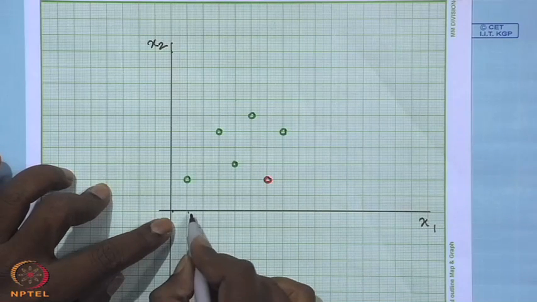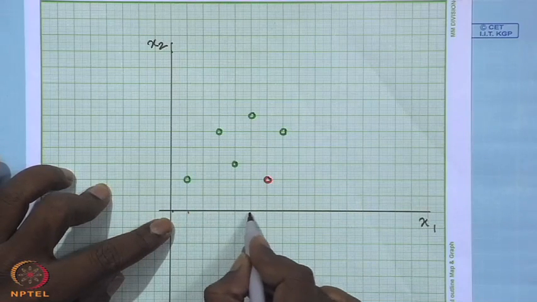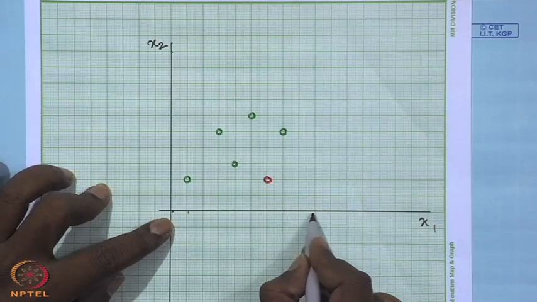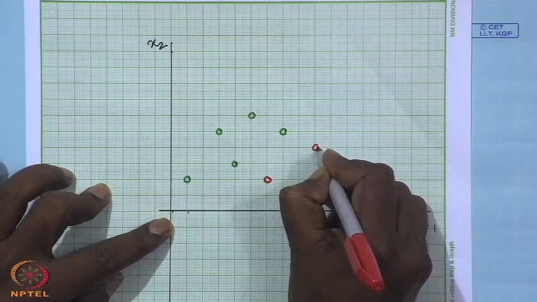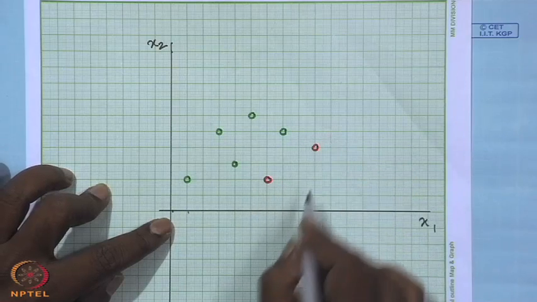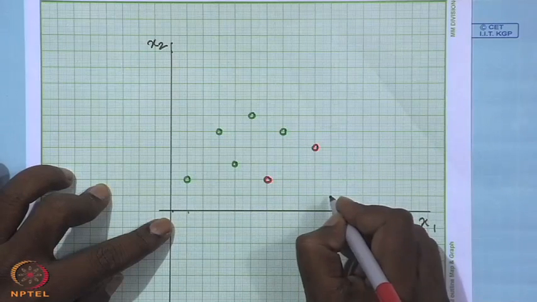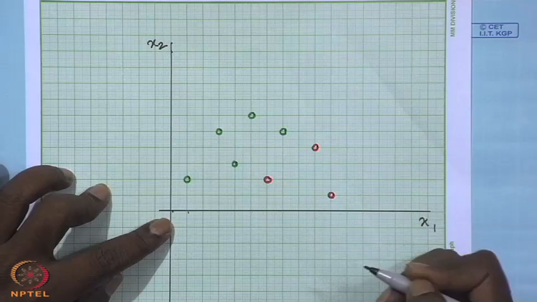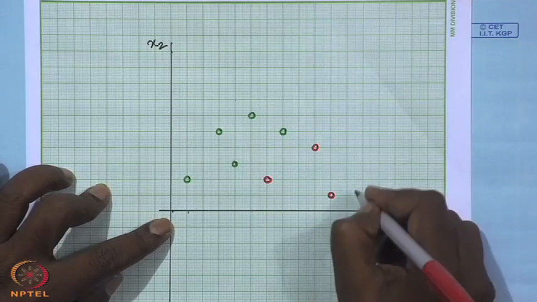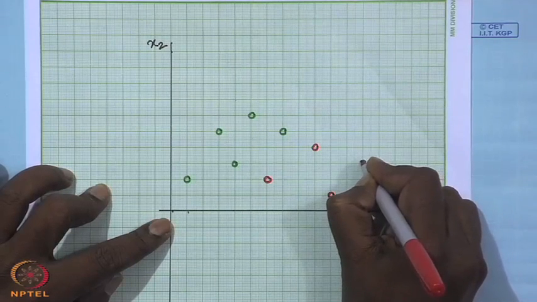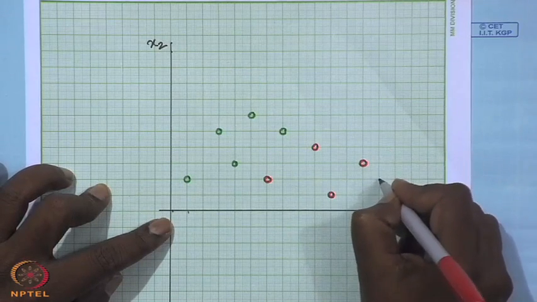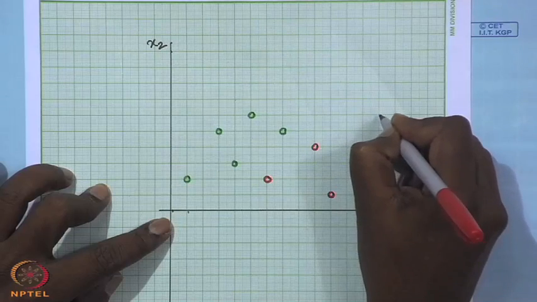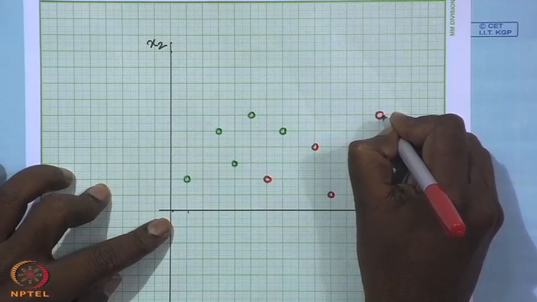Then (9, 4), this is (9, 4), then comes (10, 1), then comes (12, 3), and then (13, 6).